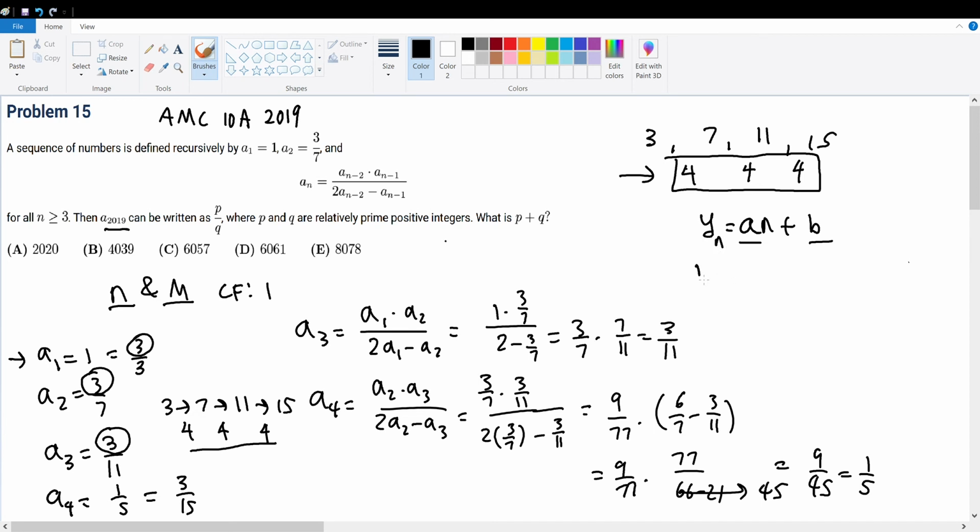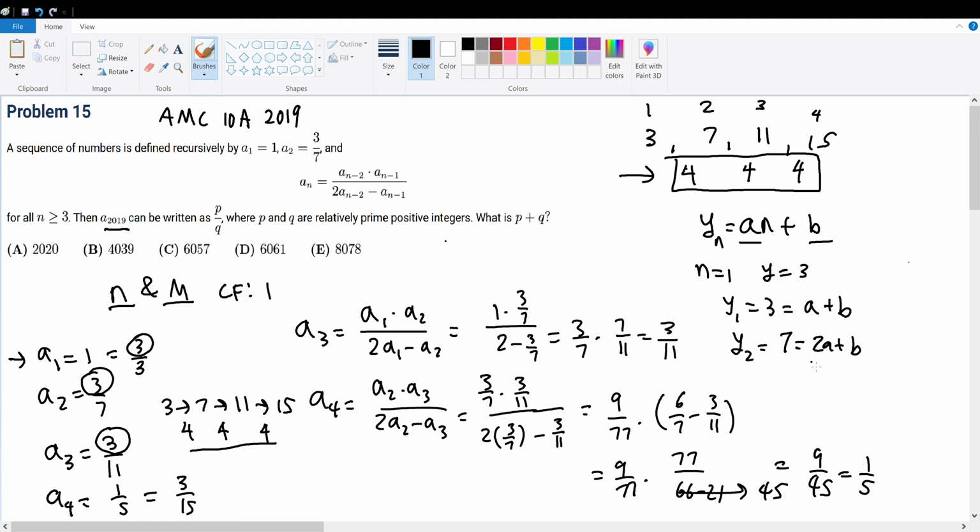So n is the place value for each of these terms. When n is equal to 1, our constant is 3. So y sub 1, which is the same thing as 3, is a times n, which is 1, plus b. And y sub 2, likewise, will be 2a plus b. But what is y sub 2? y sub 2 is 7.